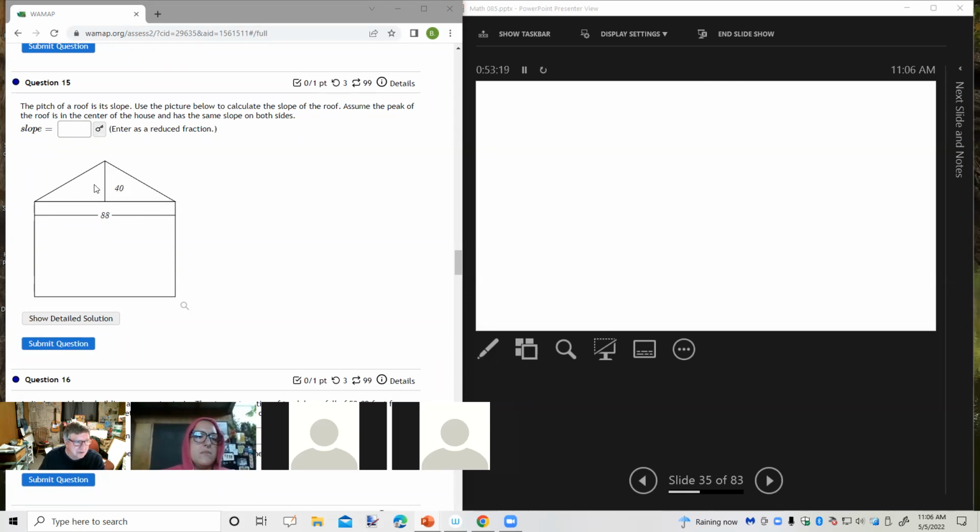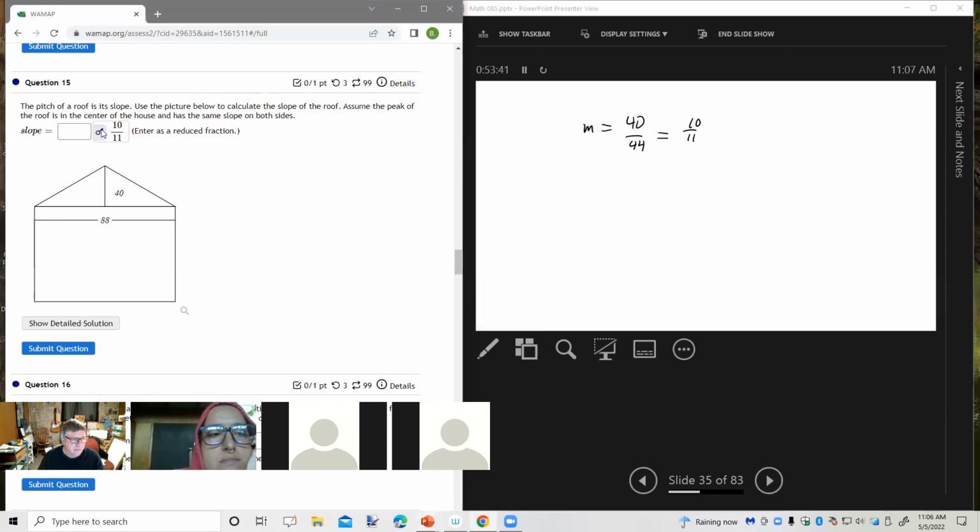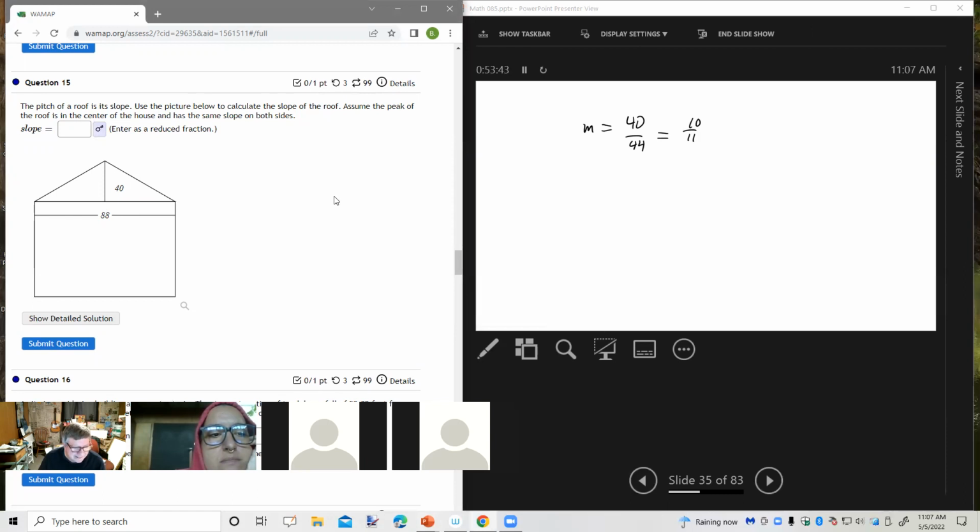Now be careful. What's the run for this triangle? 44, right. So your slope or the pitch would be 40 over 44, which you could reduce down to 10 over 11. Let's see what it says here. Yep, 10 over 11.